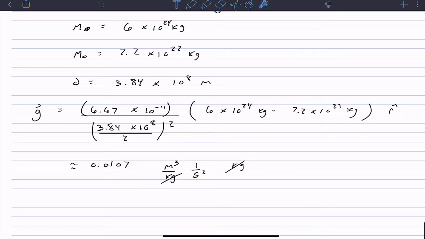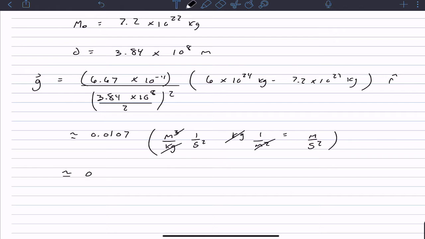And then we had distance, this is meters squared, right? 1 over meters squared. So that gives us meters per second squared. So we're looking at roughly 0.011 meters per second squared. That's the answer.